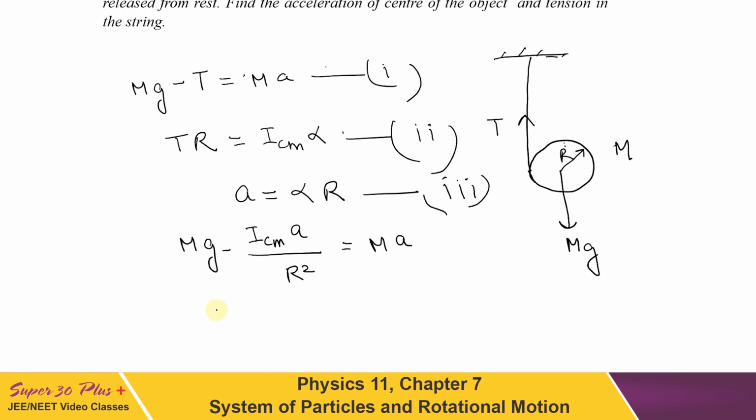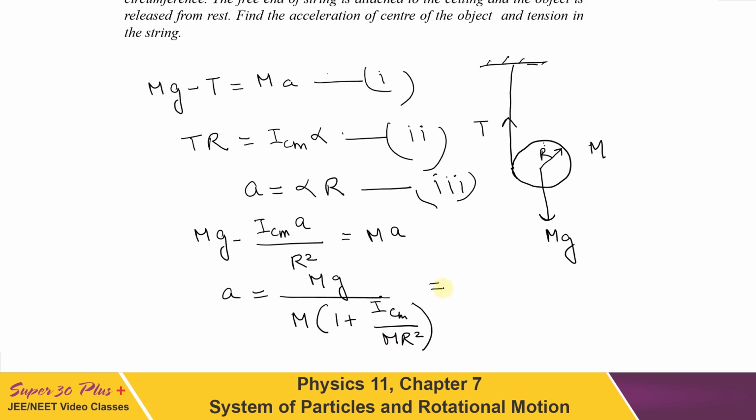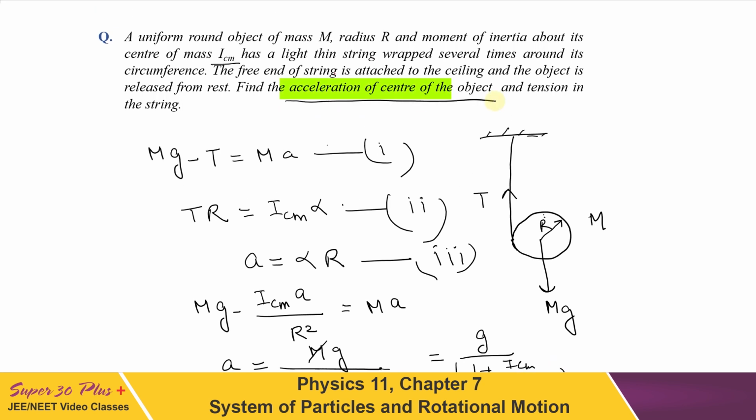From here we got a to be equal to mg upon m taken common, 1 plus ICM by mR square, which can be written as, m will get cancelled, g upon 1 plus ICM upon mR square, which is our first part, acceleration of center of mass.